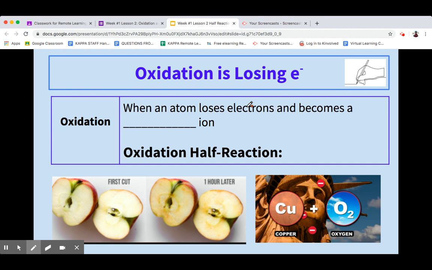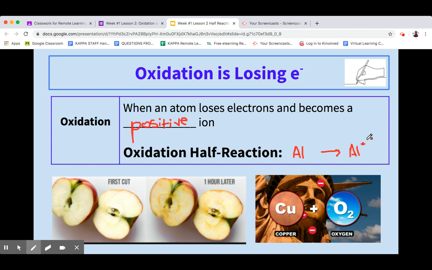The definition of oxidation is when an atom loses electrons and becomes a positive ion. Losing electrons would create a positive ion. And an example of an oxidation half reaction would be aluminum going to aluminum +3.